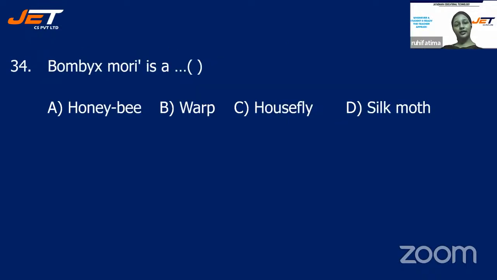Bombyx mori is a dash: honeybee, warp, housefly, or silk moth. Let me see if any correct answer is there from your side, students. Very nice. Some of the students have given the answer, silk moth. And that is exactly correct. Bombyx mori is a type of silk moth.